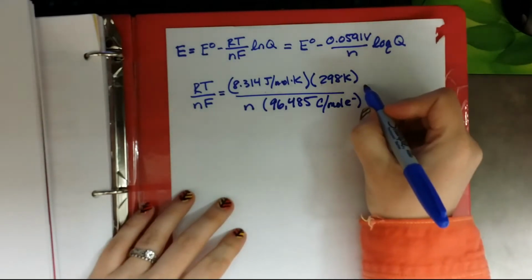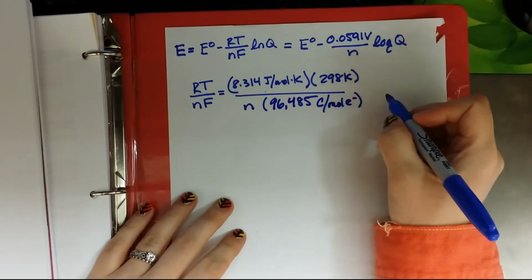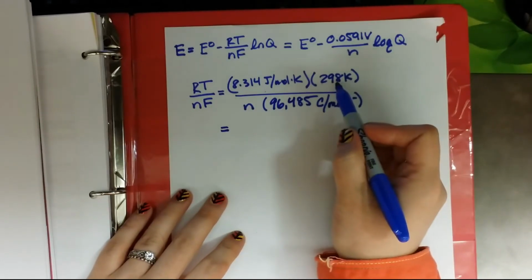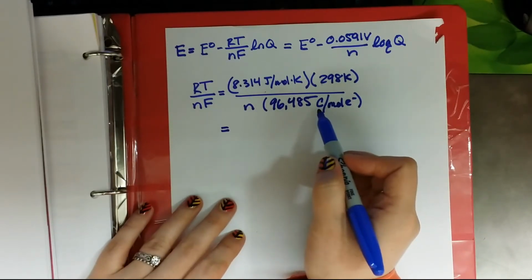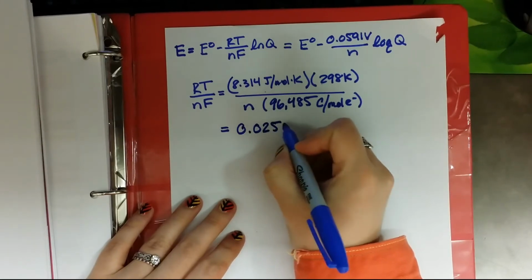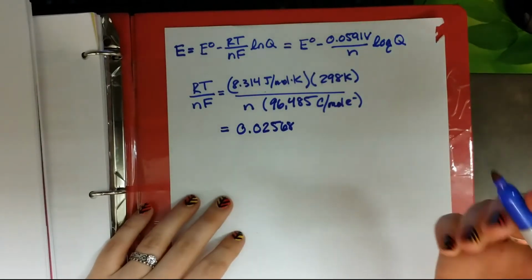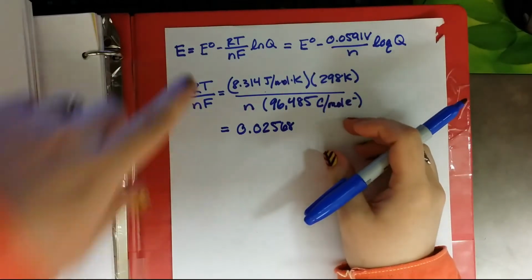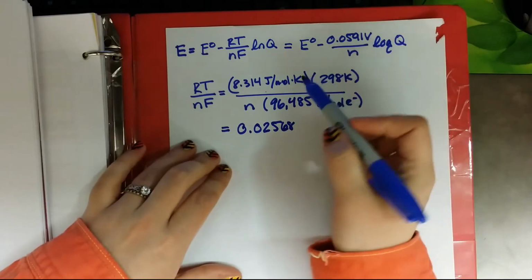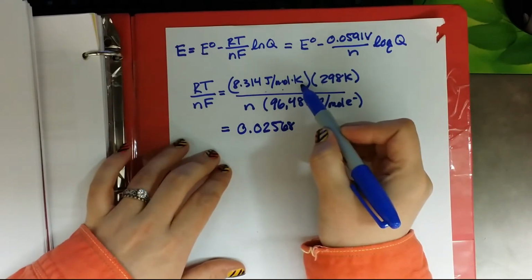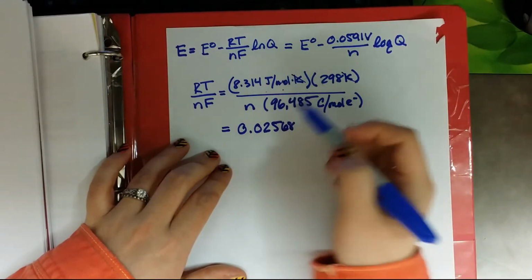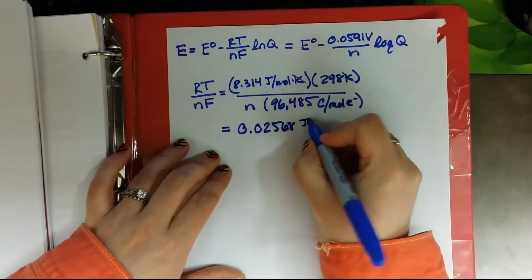If we multiply all of this out and simplify it, 8.314 times 298 divided by 96,485 gives you 0.02568. For our units, we have joules sticking around because nothing cancels that out. We have per mole Kelvin here and Kelvin here, so the Kelvins cancel out, leaving joules on the top.